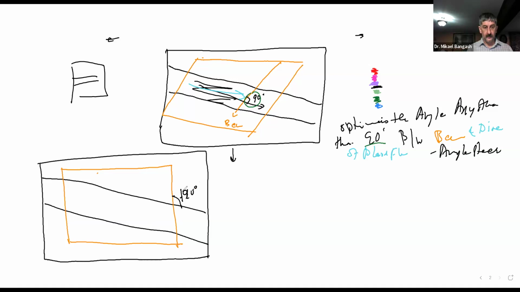Let's just say it's a 120-degree angle. Clear?